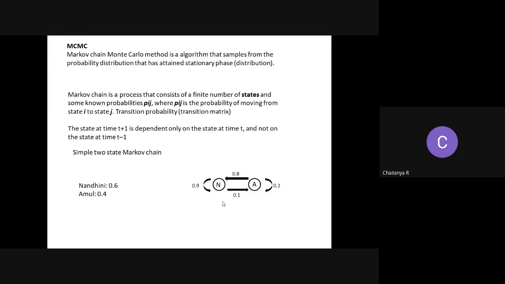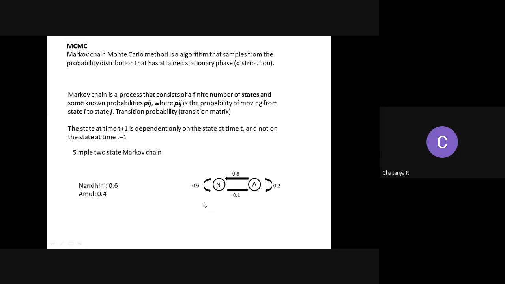Okay. So a Markov chain is basically a process that consists of a finite number of states and some known probabilities, let's say Pij, where Pij is the probability of moving from state i to state j. Now, don't worry too much about what that means. Just take an example.